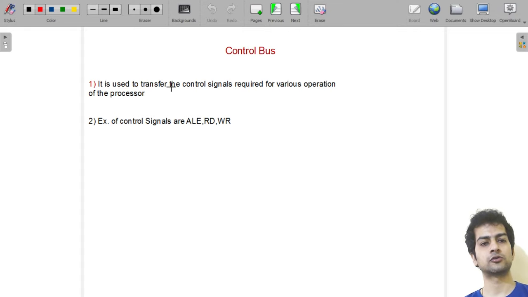It is used to transfer the control signals and clocks required for various operations of the processor. Some examples of control signals are ALE, address latch enable, read bar and write bar.